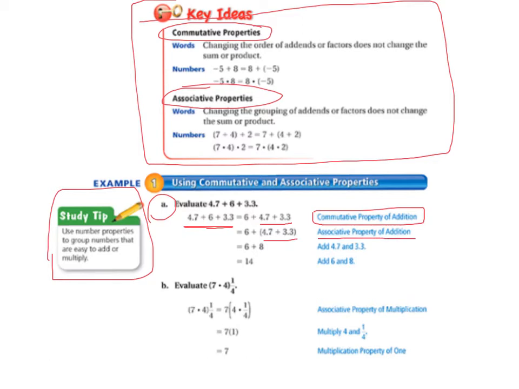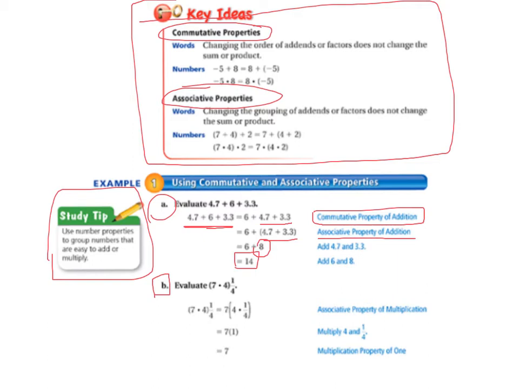That makes things so much easier because we can see that the 3/10 and the 7/10 add up to 1, and 1 plus the 4 and the 3 equal 8. And 8 plus 6 equals 14. So that makes it really easy to add. You can almost do that in your head. Super easy.